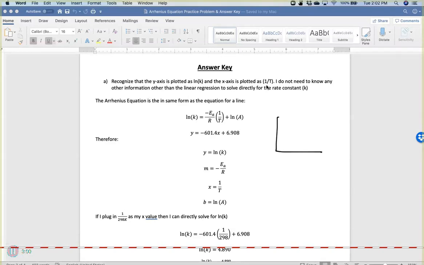Just like what we saw above, we have our natural log of k versus reciprocal temperature, where we had some sort of slope. This line was our linear regression, negative 601.5x plus 6.908.